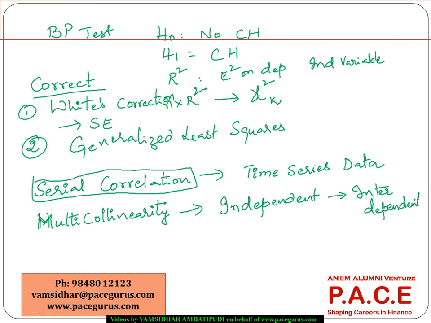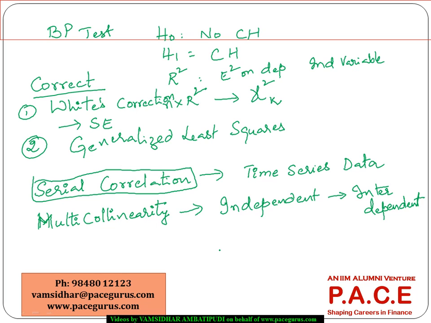Probably there is a relationship existing between sales and assets. Logically speaking, both of them need to be independent, and that is the meaning of independent variables. So there is a possibility that they become more and more interdependent.